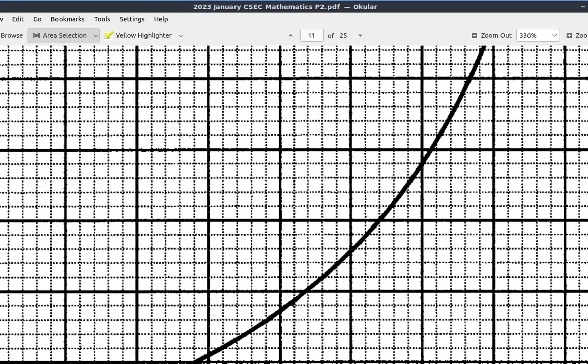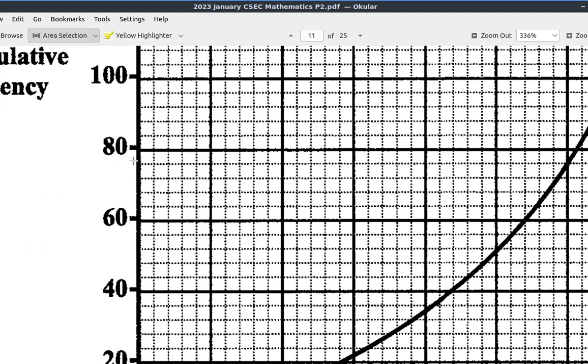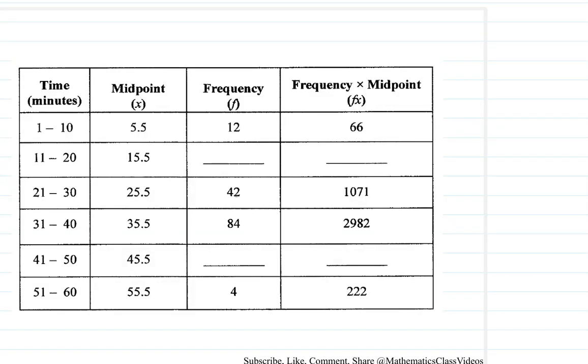Now, let's look at what's going on to the left. You see, it would have nearly reached 80 on the cumulative frequency curve. It would have been 64, 68, 72, 76, about 77. Yet the table is saying 42, not 77.